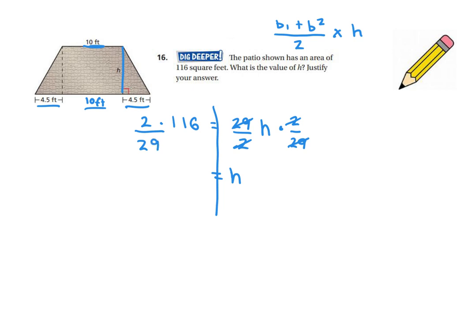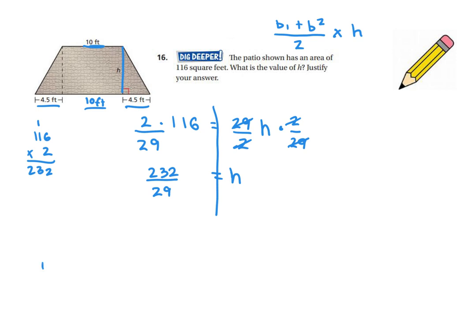And so now we have to do 2 times 116. 2 times 6 is 12. 2 times 1 is 2, and 1 more is 3. 2 times 1 is 2, so we have 232 over 29. And then at this point in time, I don't know how many times 29 goes into 232, but 29 is really close to 30, so I'm just going to skip count to get a bit of an estimate.